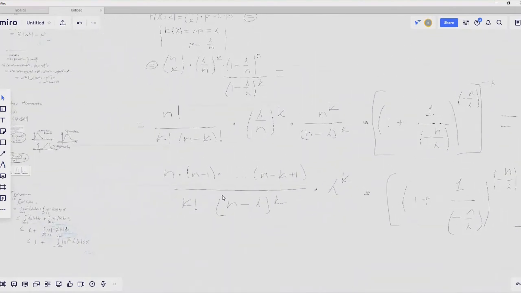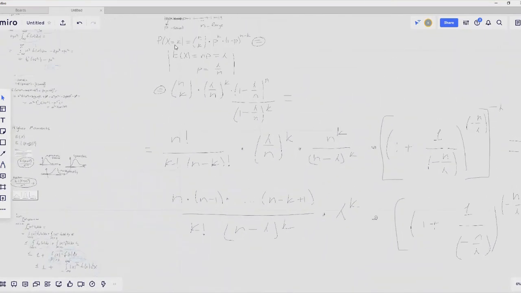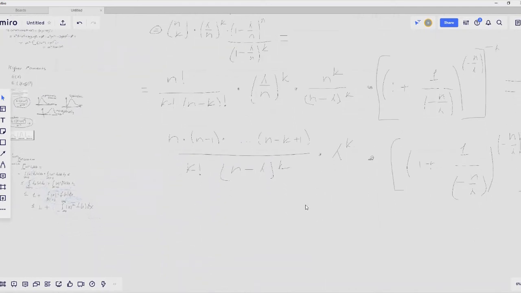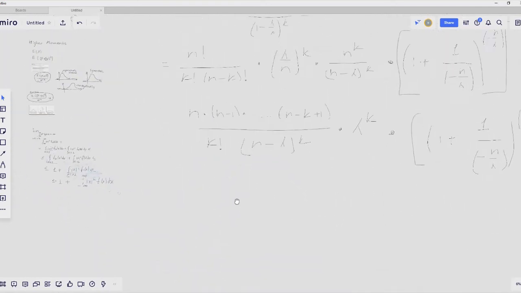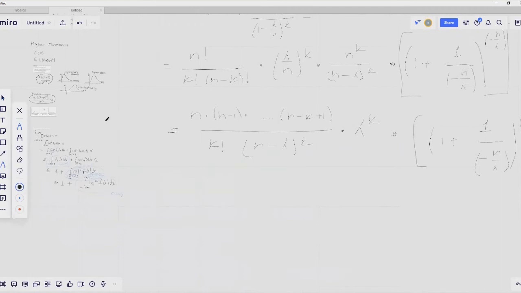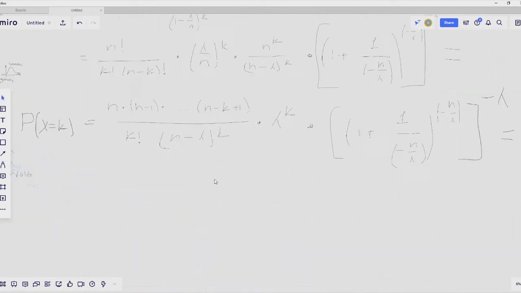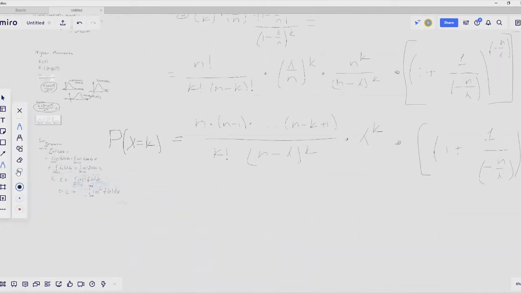Now, we started with the probability of random variable X being equal to k. So my next step is going to be the following.